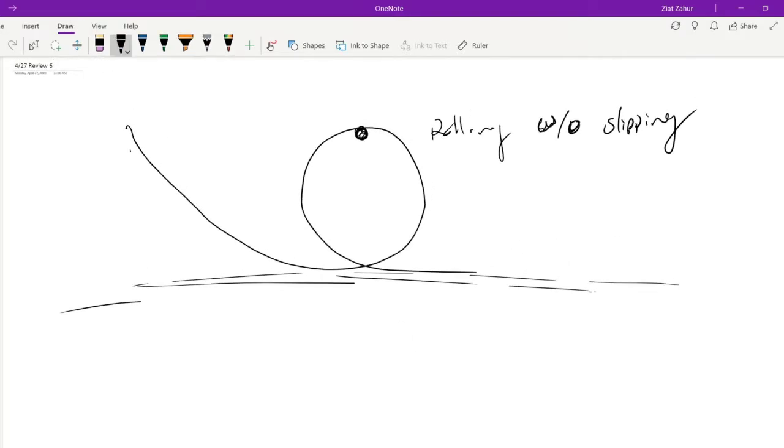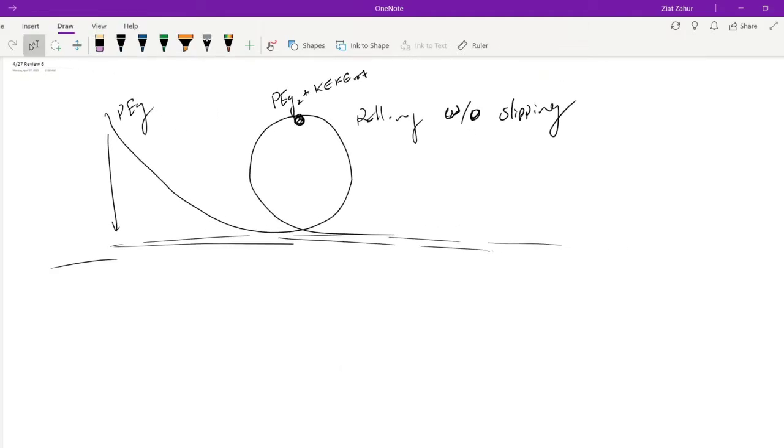Of course, the thing that changed was that the initial gravitational potential energy is now in three parts. Believe it or not, this question was on last year's mechanics test, or at least one part of an FRQ.